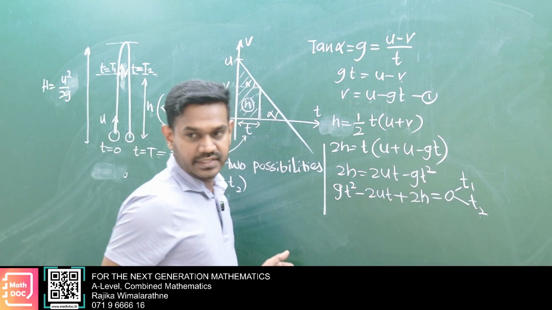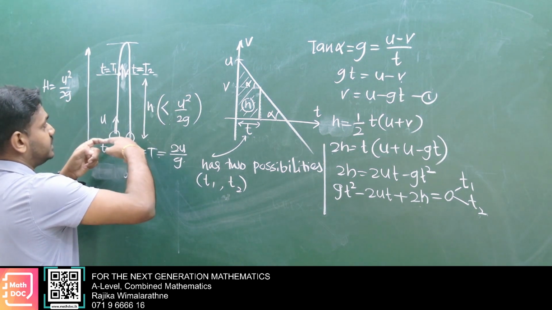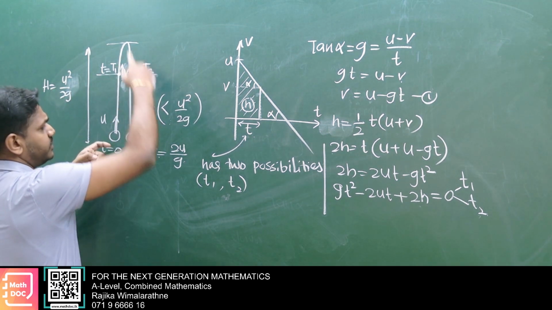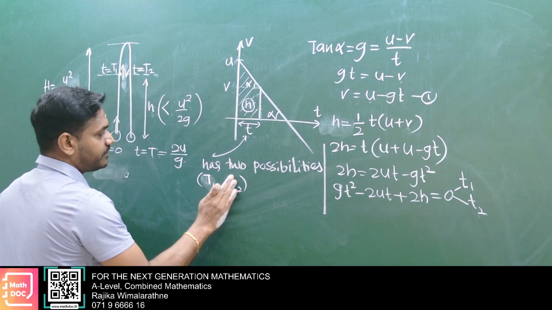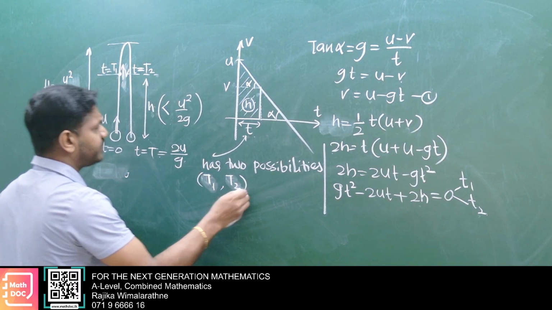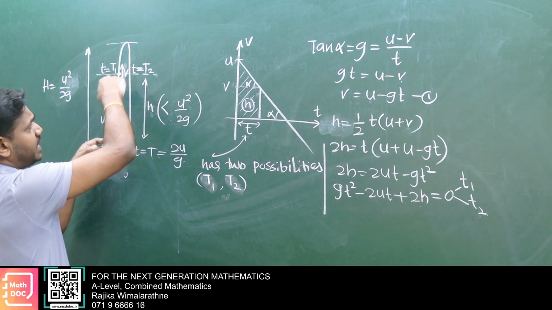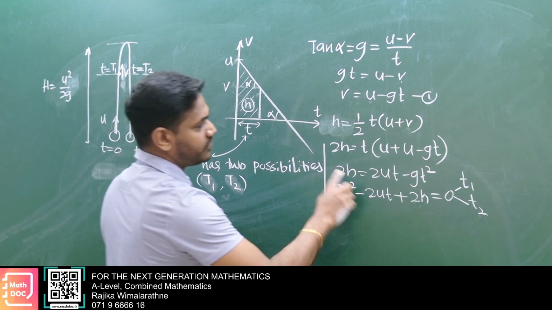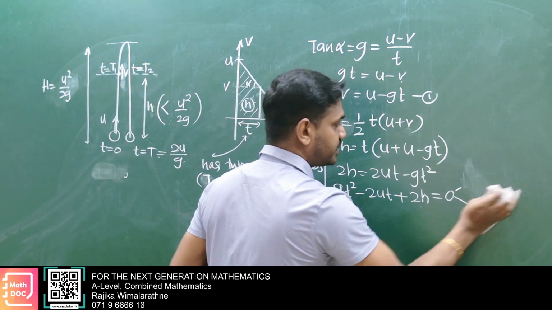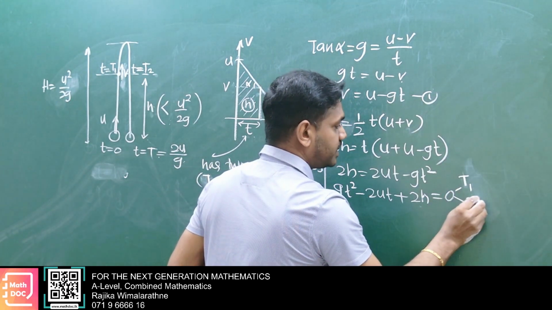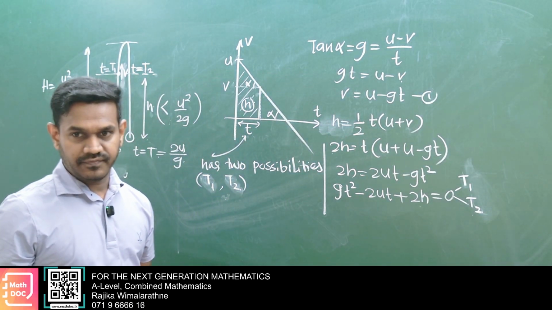So from T0 we have T1 time and T2 time, capital T1 and capital T2. When the particle is at that height, we have two cases, T1 and T2. Therefore, this quadratic equation has solutions, capital T1 and capital T2, no? Roots will be T1 and T2.